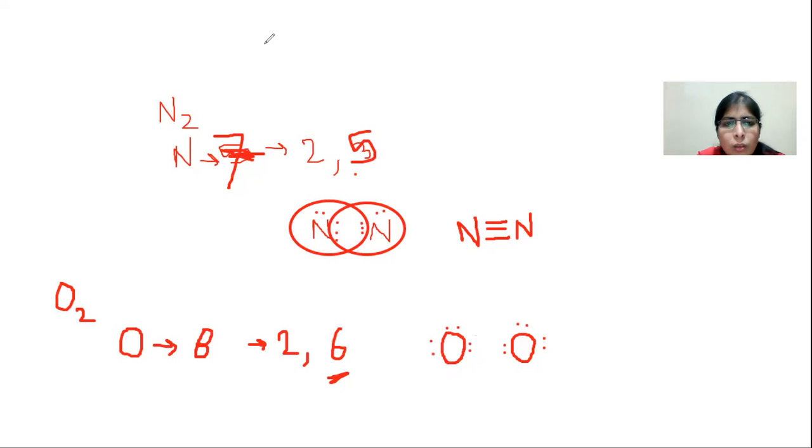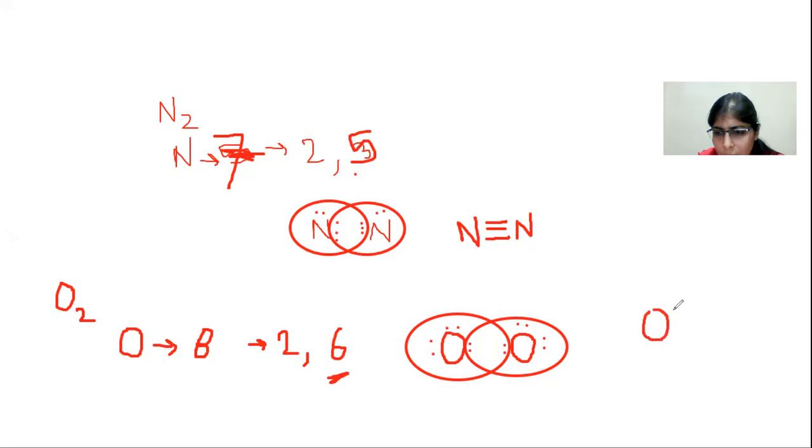Now, to complete the octet, the oxygen atom with 6 electrons demands 2 more, and the other oxygen also demands 2 more. And it will become, now there are 4 dots, meaning a double bond. So that's why oxygen forms a double bond with the other oxygen.